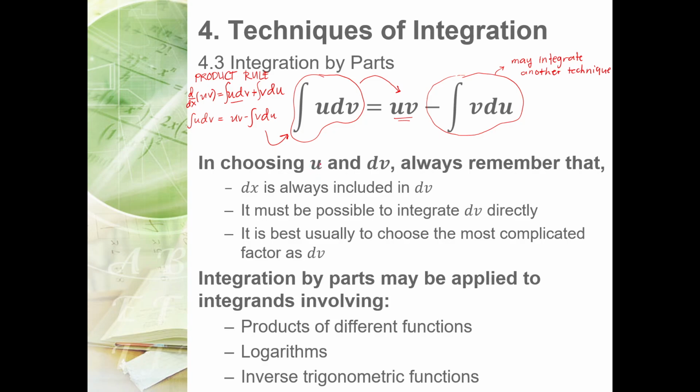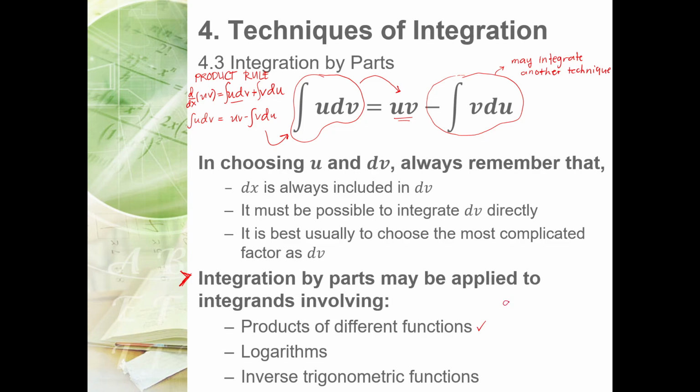Now, what's the purpose of using integration by parts? If we go to the second description here, the bold part, you have to use integration by parts if you have the products of two different functions. What do you mean by this?